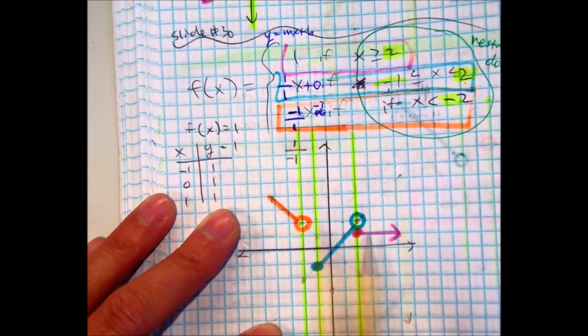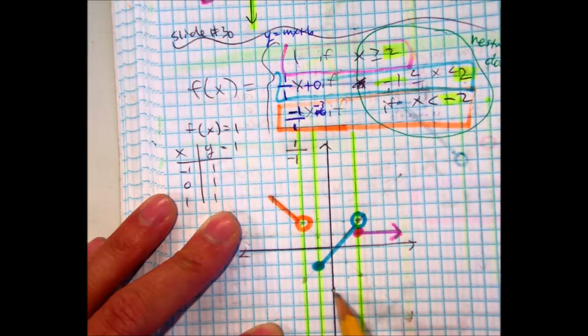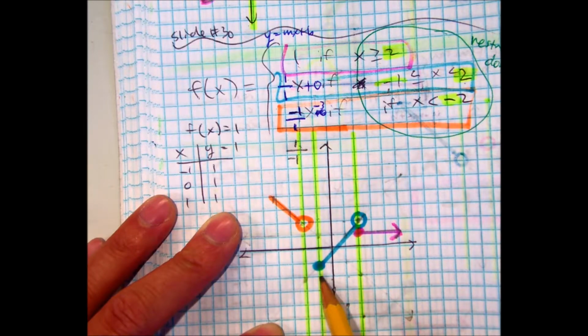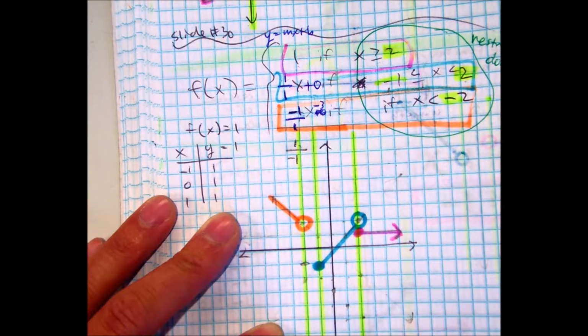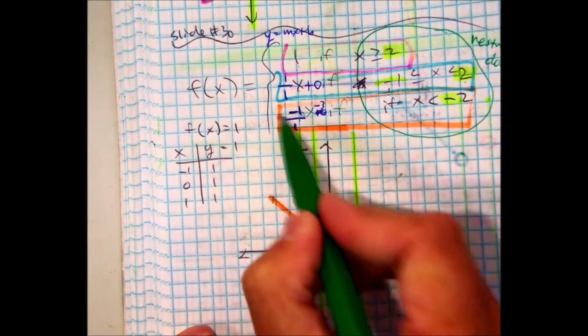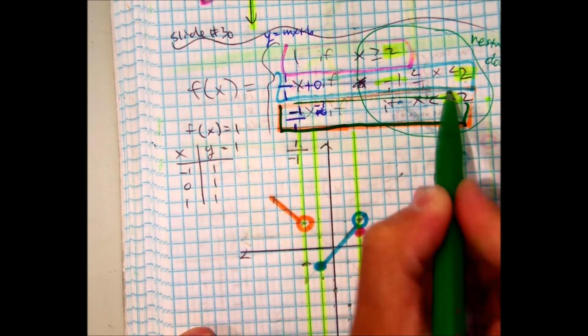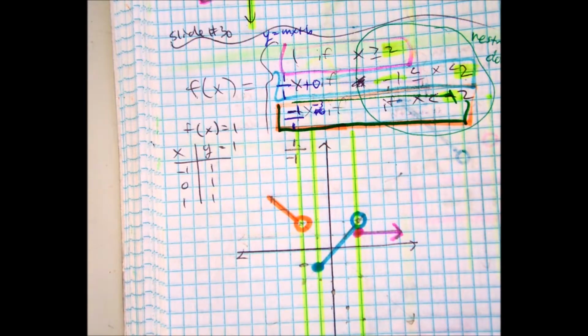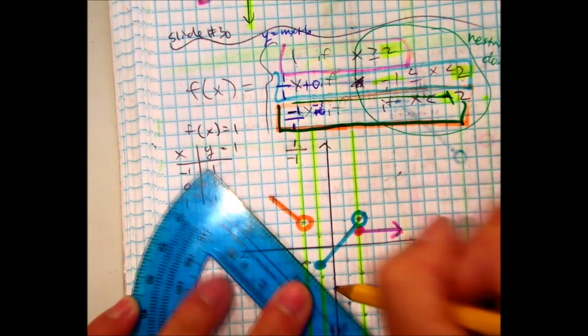And now I'm going to do the same thing. Down 1, right 1. Down 1, right 1. Rise of 1, left 1. Rise of 1, left 1. Let's do this in a darker color so you see that. Green. So now my graph looks like this.